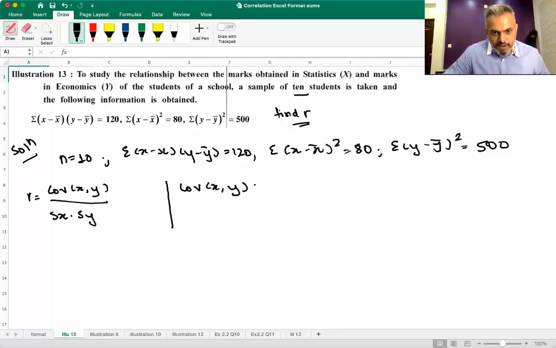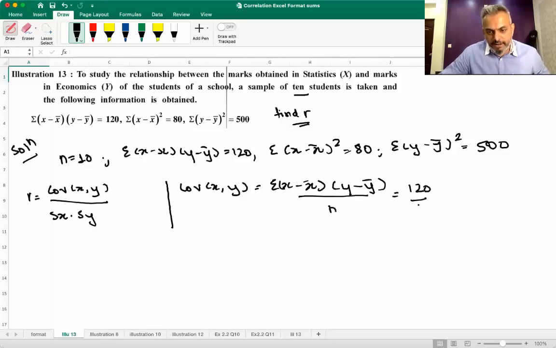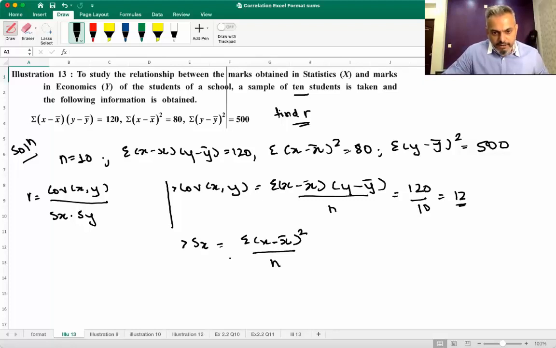Covariance x comma y is equal to sigma x minus x bar, y minus y bar upon n, which is equal to 120 upon n, n is 10, which is equal to 12. Then we find standard deviation of x, which is sigma x minus x bar the whole square upon n, the whole under root.